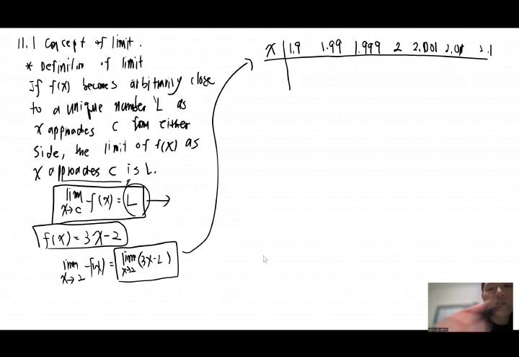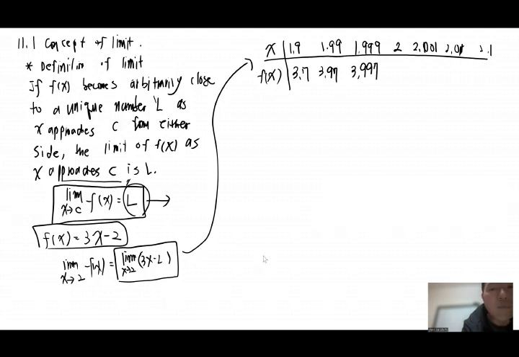With those numbers, f(x) becomes, for example, for x of 1.9, f(x) is 3.7. 1.99 makes f(x) 3.97. 1.999 makes f(x) 3.997.